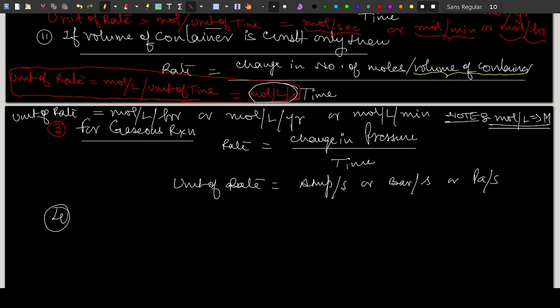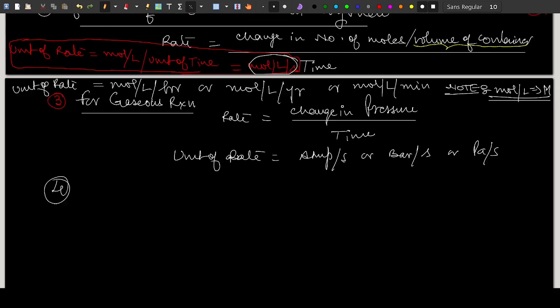Here the fourth point, which is very important: it is not in usual practice, but it is possible, we can even express the amount in terms of mass.